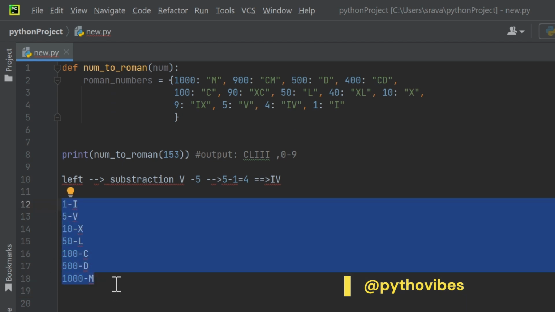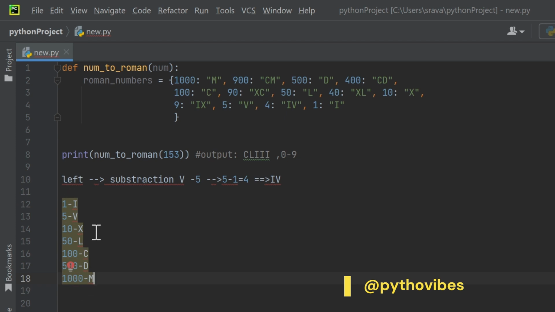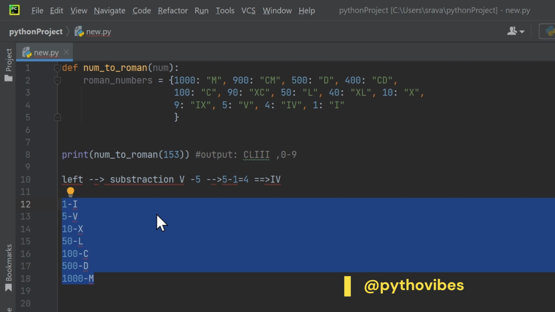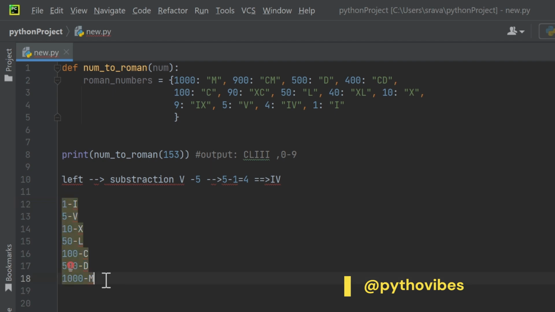This is the conversion from decimal values to Roman values, and if you remember these, you can get all the other numbers' representations.